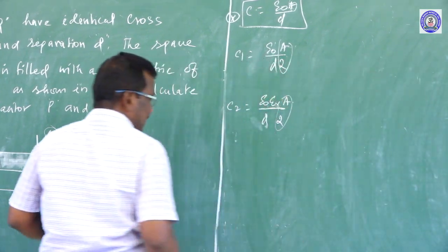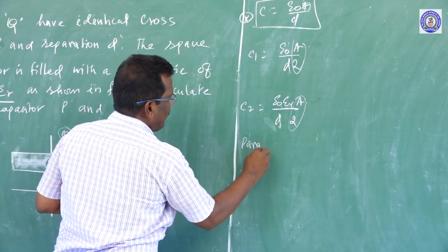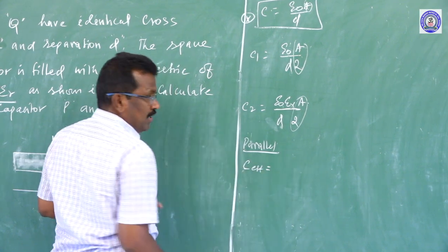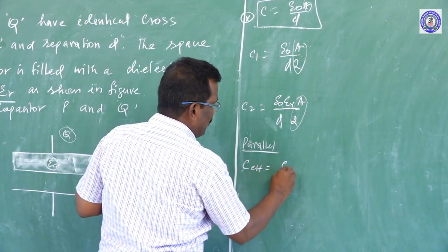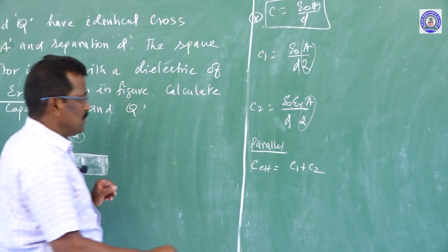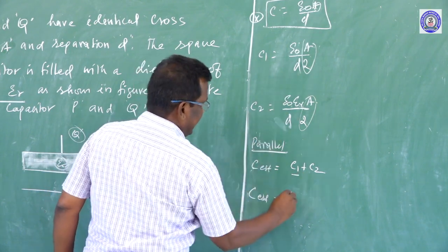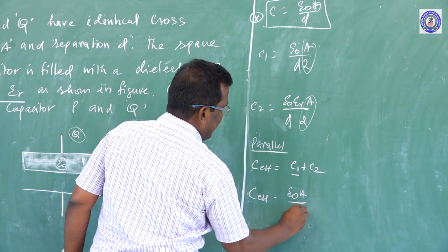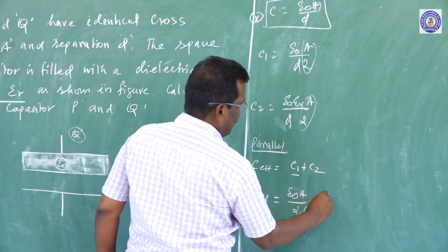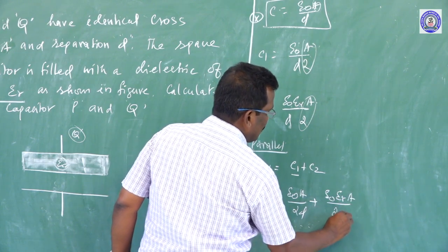Now calculate the effective capacitance. The connection is parallel, so C effective, or C parallel, is equal to C1 plus C2, the sum of the individual capacitances. C1 is epsilon naught A by 2D plus C2, epsilon naught epsilon r A by 2D.